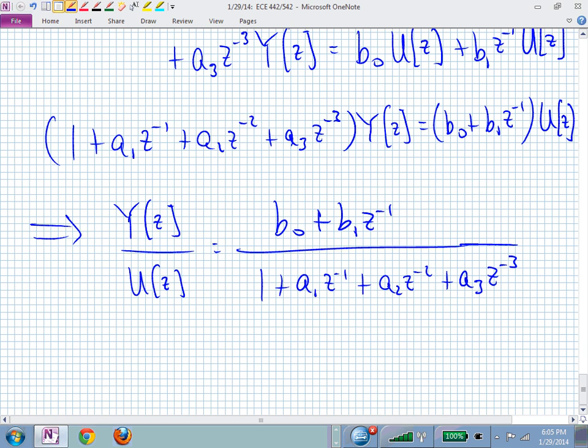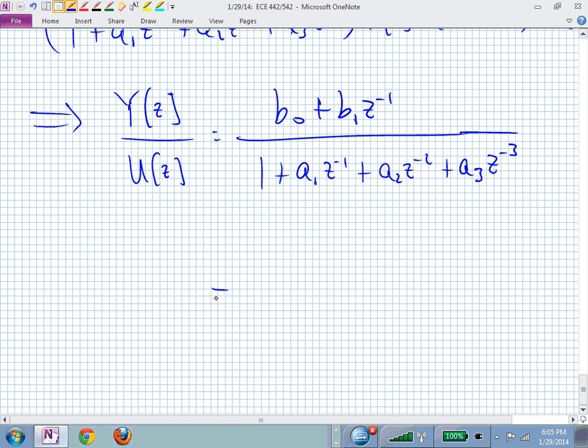So now we can factor out a z to the minus 3 downstairs and upstairs to get this in terms of positive exponents of z. Meaning, if I factor out a z to the minus 3 downstairs, then to get 1 back, I have to scale it by z cubed.